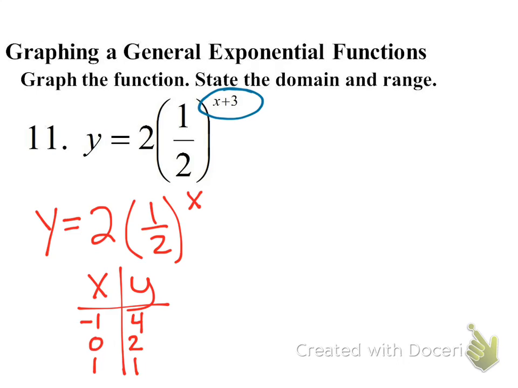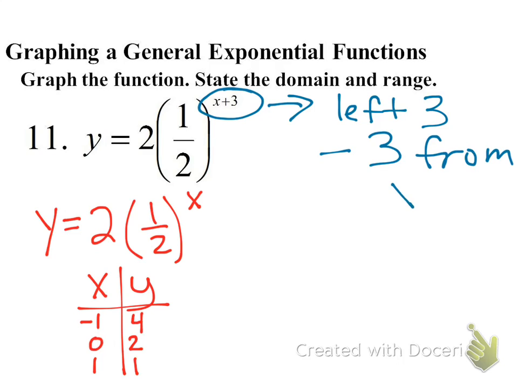Because I have this +3. What does the +3 in the exponent cause your graph to do? Left 3. Mathematically speaking, XY chart, how do you go left 3? You subtract 3 from the x's. So I think it's easier to do it from a table.